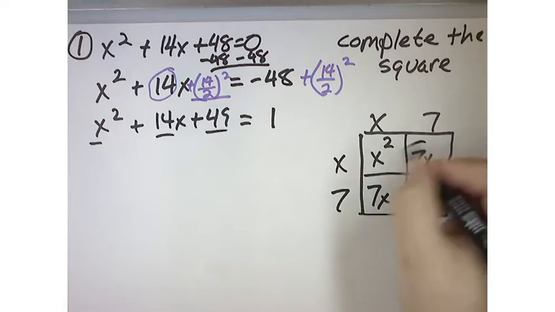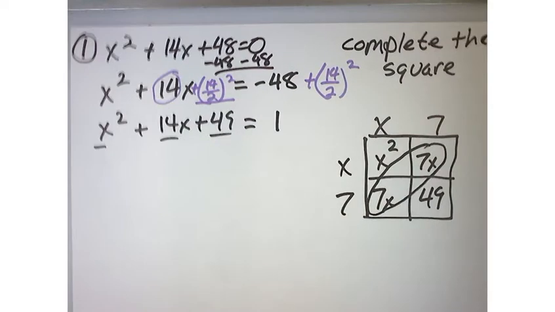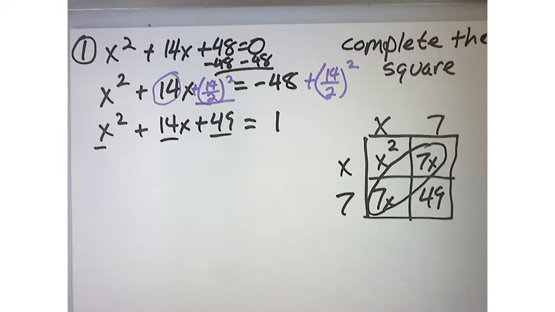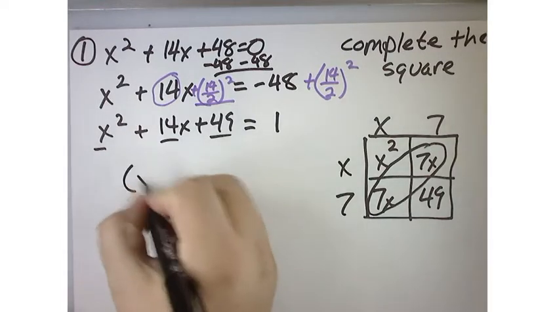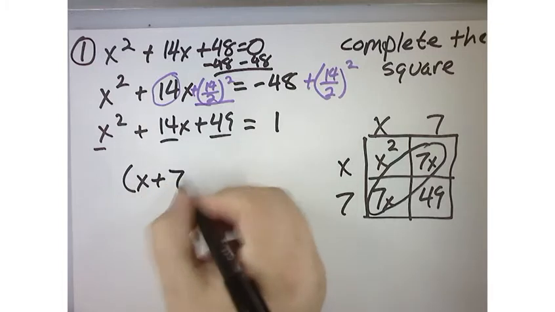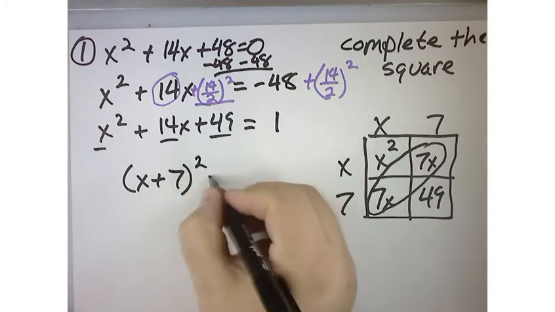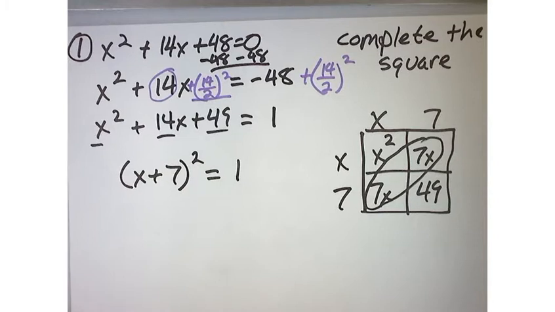When I combine like terms, don't I get x squared plus 14x plus 49? So all this stuff on the left hand side is the same as x plus 7 squared is equal to 1. Does that make sense? Okay, good. So now, what's my next step?